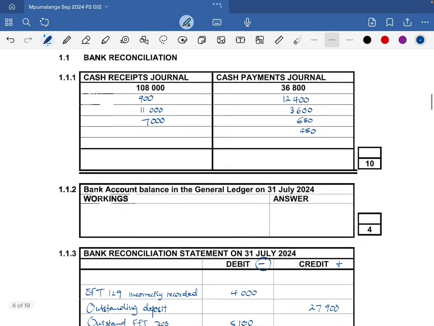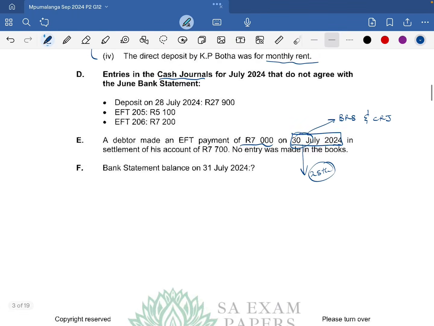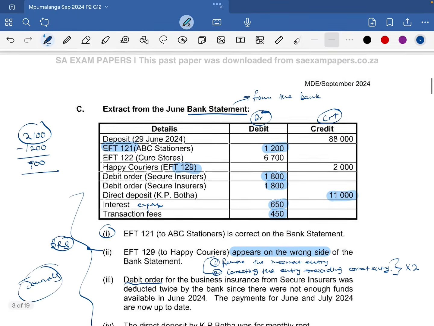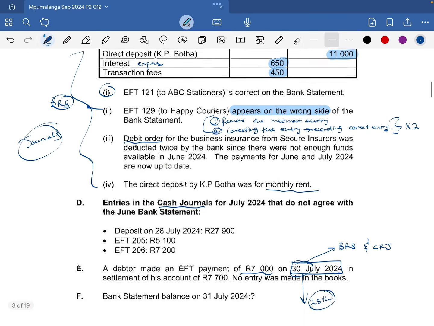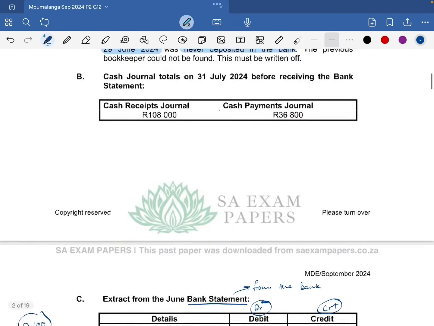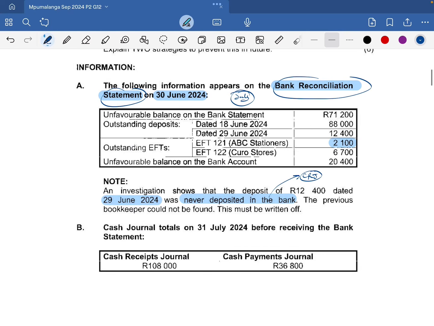Then now I think since we're done with information, we can calculate the amounts, but just before that I want to check if we didn't leave anything out. Okay, so here we had an unfavorable balance on the bank account. So this is what we had on our bank account at the end of June, which is necessarily on the 1st of July.